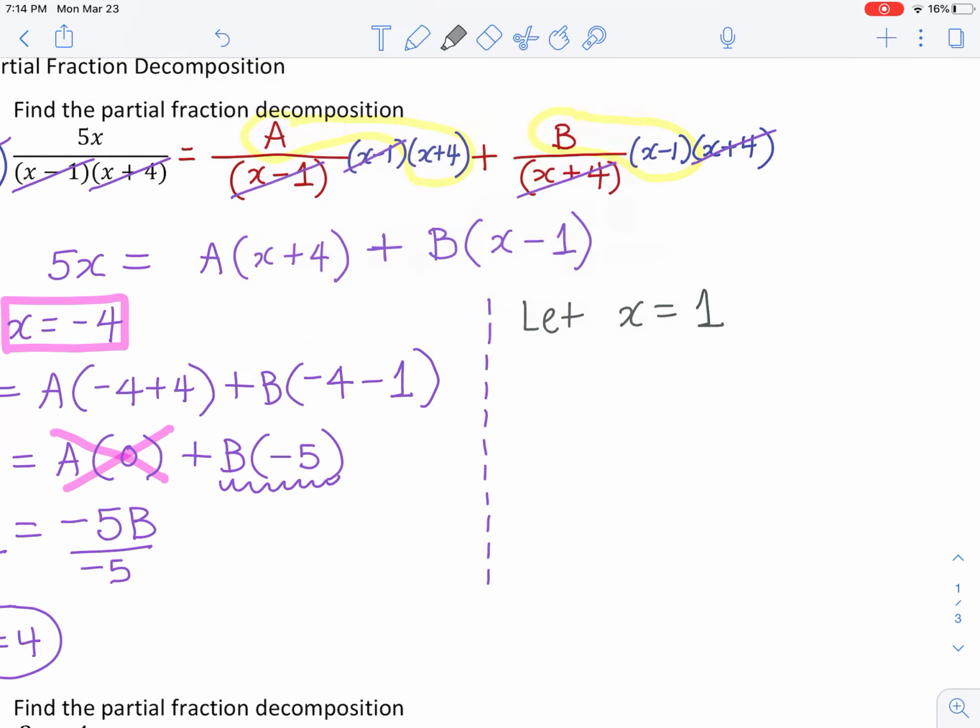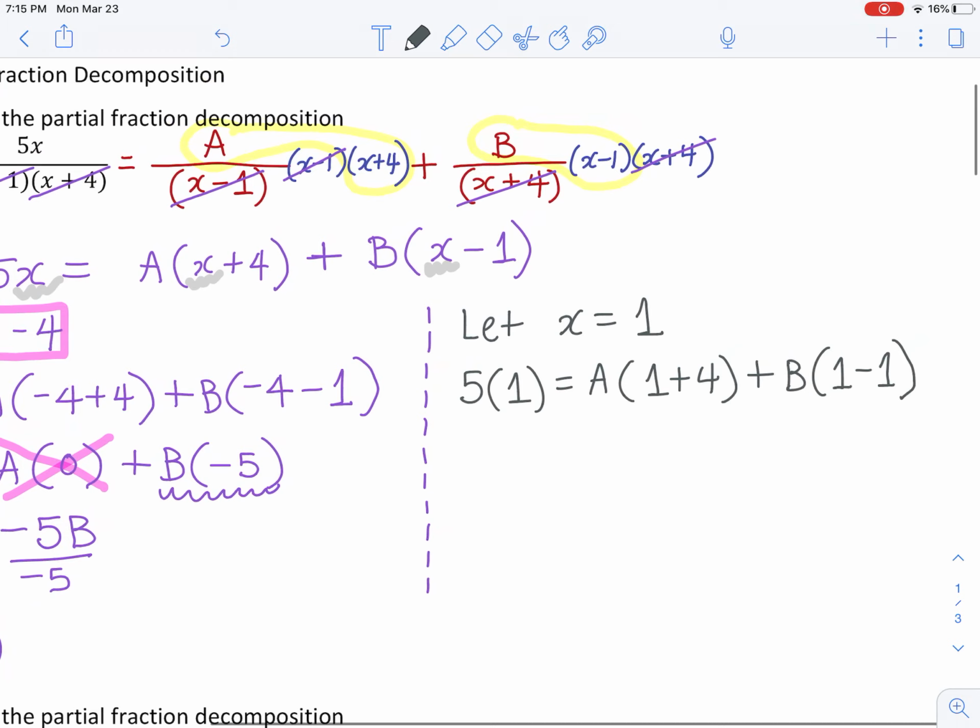Everywhere you see x, you're going to plug in +1. So that will be 5 times 1 equals A times 1 plus 4, plus B times 1 minus 1. You see why I picked 1, right? Because 1 was going to make this right here a 0.